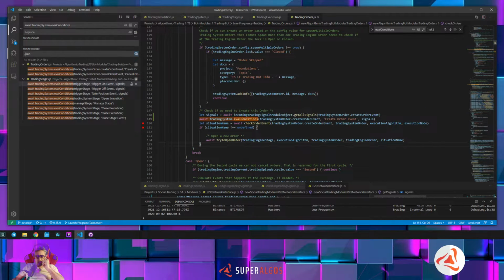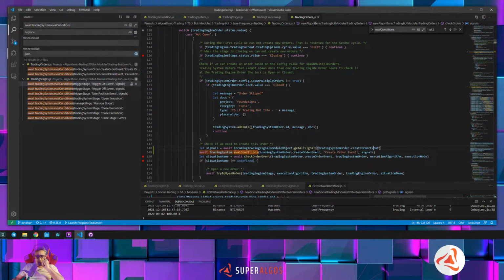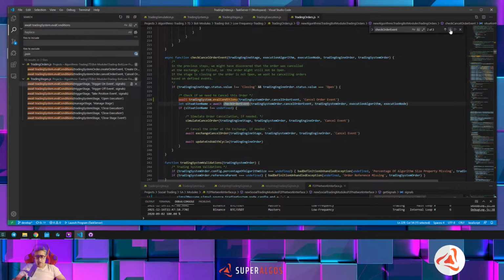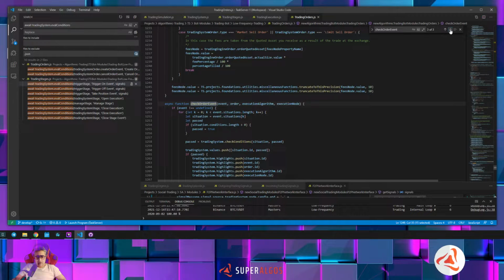So I just want to be sure that this is not going to be undefined or something like that. Well, if it is, we will get an empty array or I don't know what. Let me see what this function called checks event does. It checks if event is not undefined.